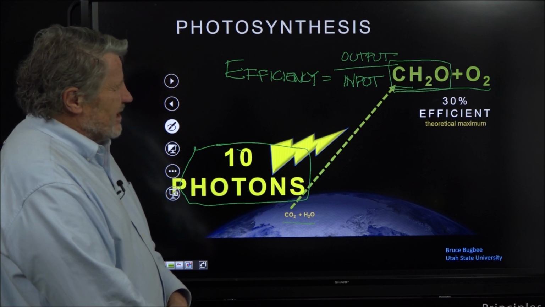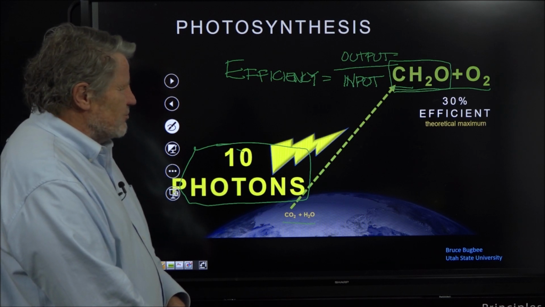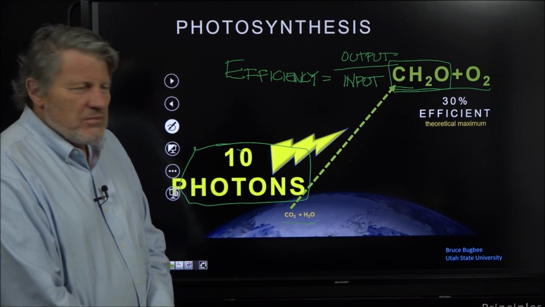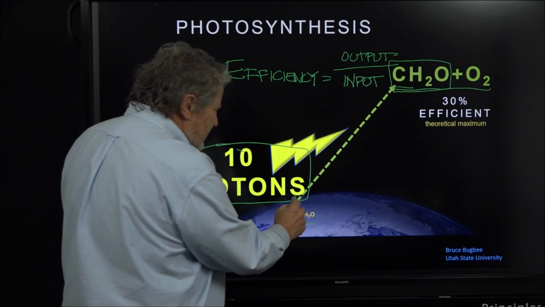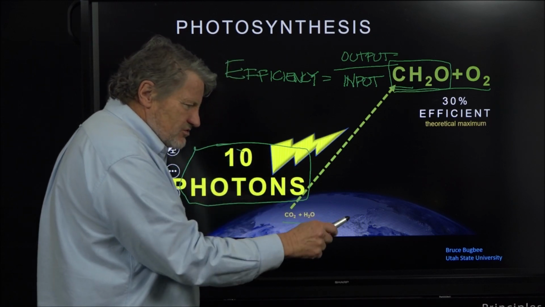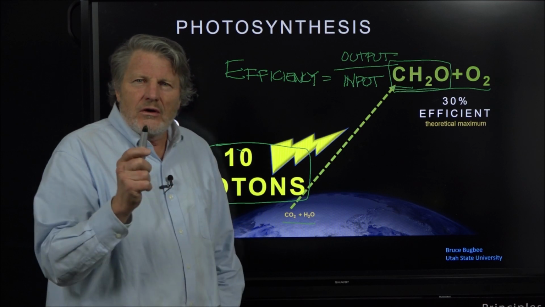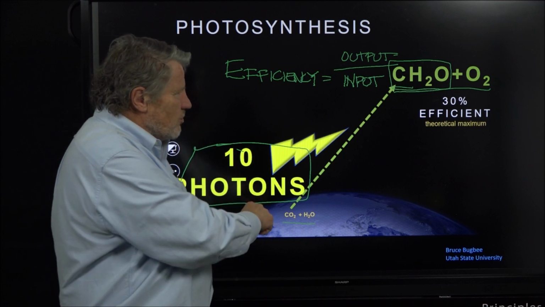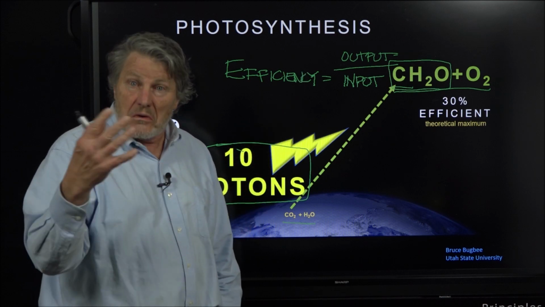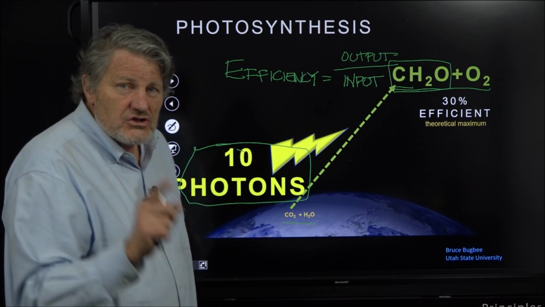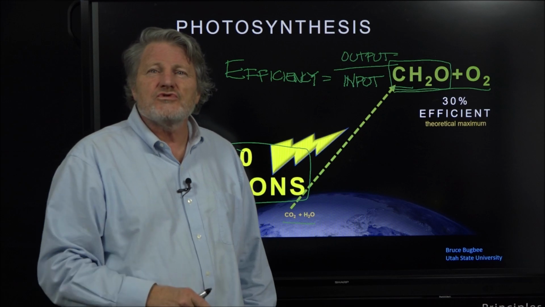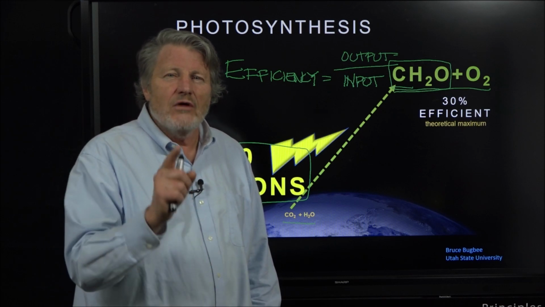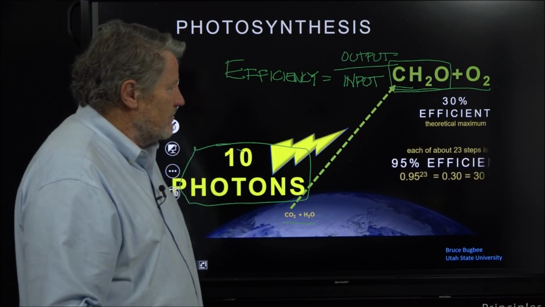So I thought, wait a minute. I look at the biochemistry, and this is not one big step. This is many, many little steps. This goes to this, and then this goes to this. When we start to add up all those steps, if you assume there's 23 steps, and that's about right, and each step is 95% efficient, now look at the math in this.